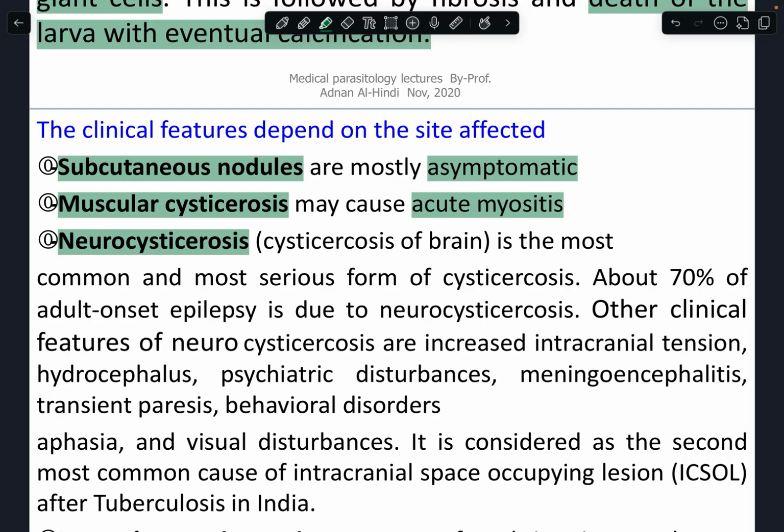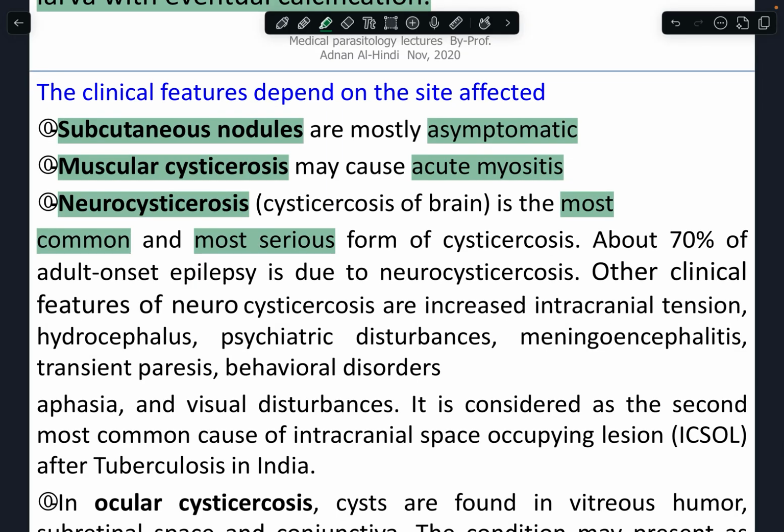Cysticercosis of the brain is the most common and most serious form. About 70% of adult onset epilepsy is due to neurocysticercosis.